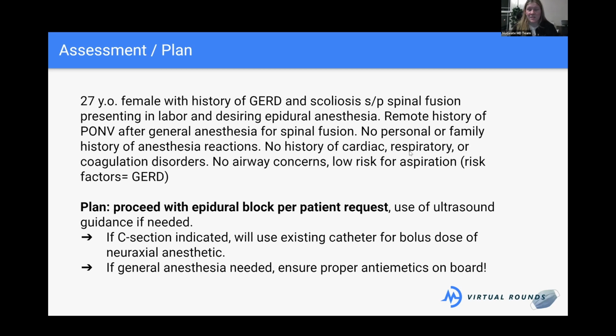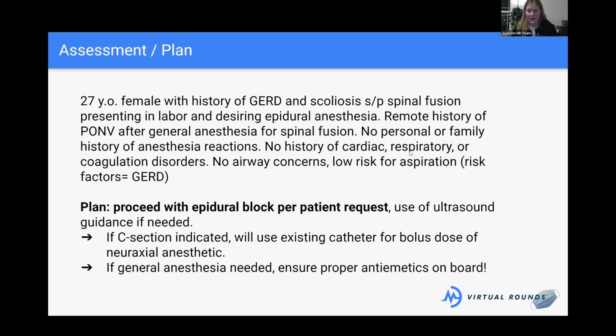The plan for this patient is to do a very standard epidural block based on her own request. Because of her history of a spinal fusion, we might have to use an ultrasound to help identify the correct location within her vertebrae to do the procedure.